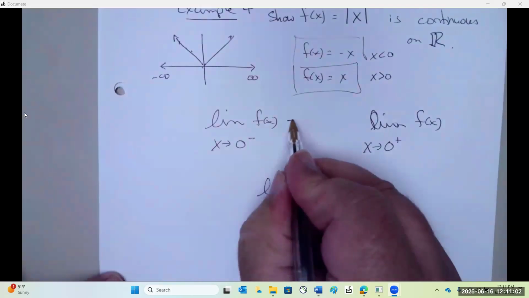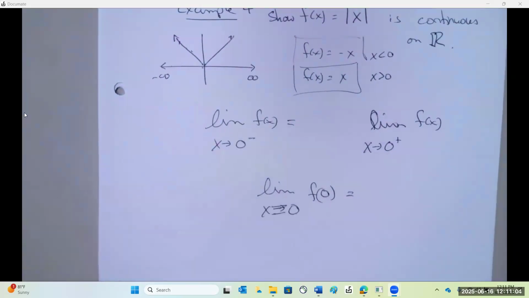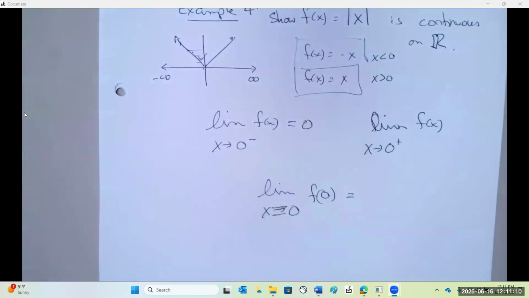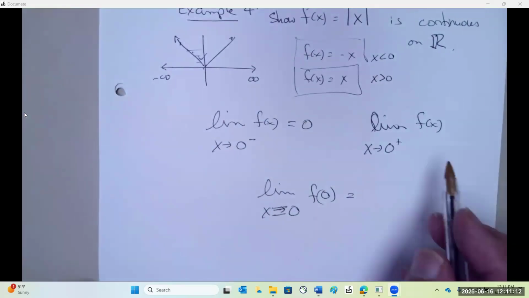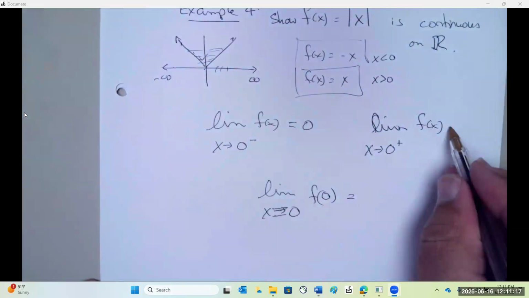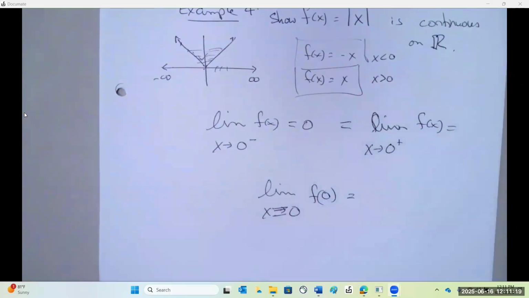So what's the limit of this function as x approaches 0 from the left? It's always going down, down, down, so we'll go to 0. From the right-hand side, as we're approaching 0, it's going down, down, down. It's approaching 0. What is it at 0? At 0, it's 0. So all three of those, there you just proved the continuity of the function.